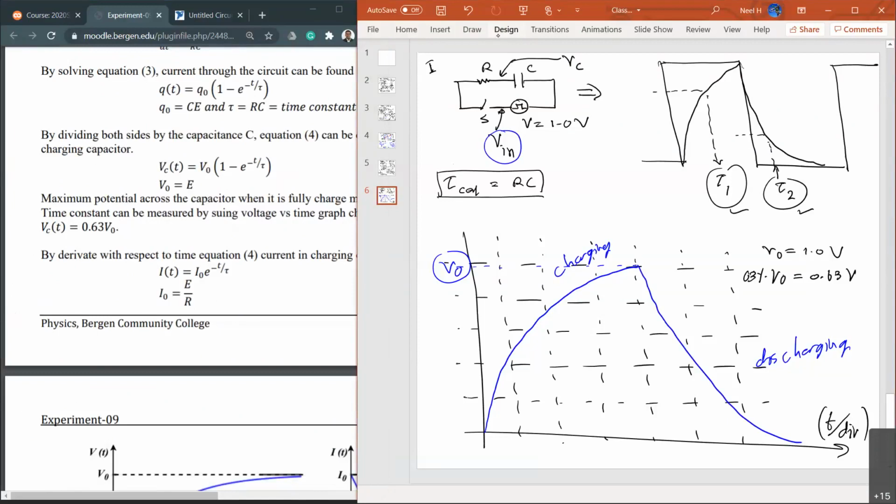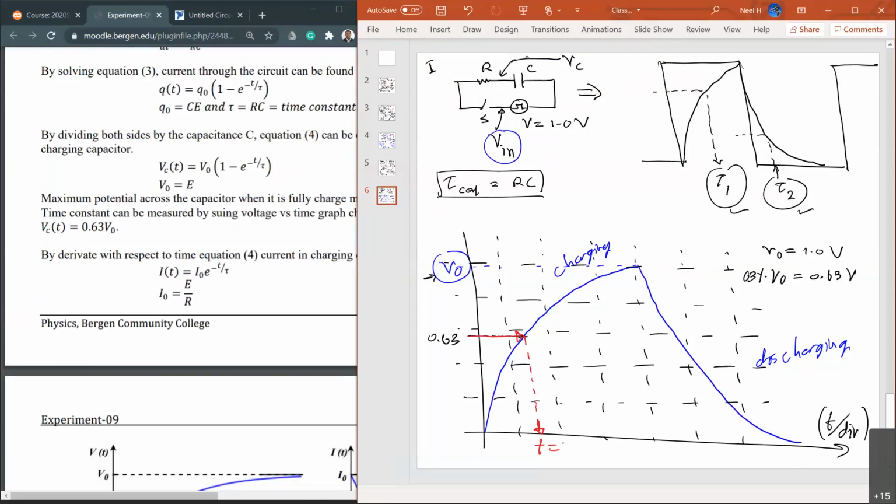You find the 0.63 volt relative to the given voltage right here, and then go horizontally, figure out where the crossing point is, then go downward, and figure out what the relative time point is right here. Find that time first.